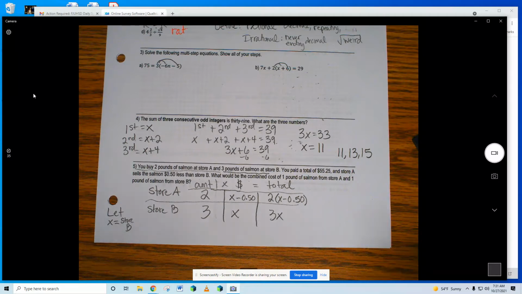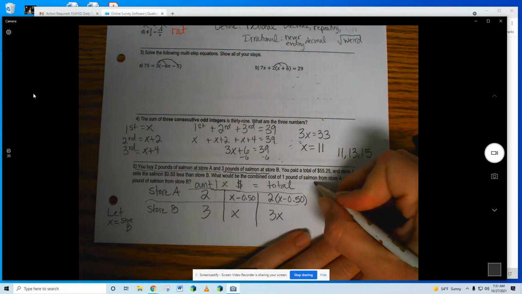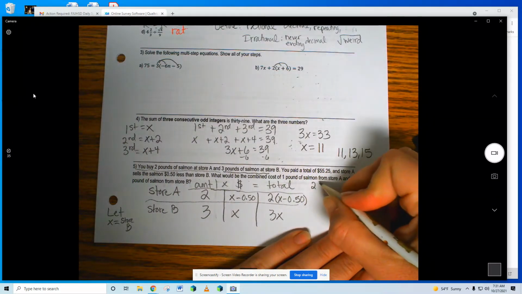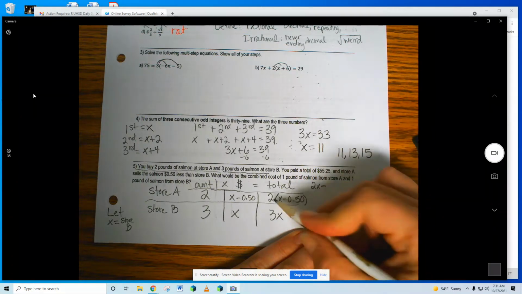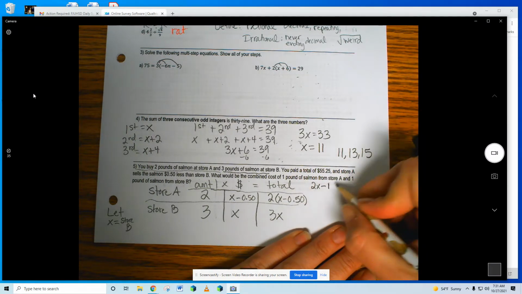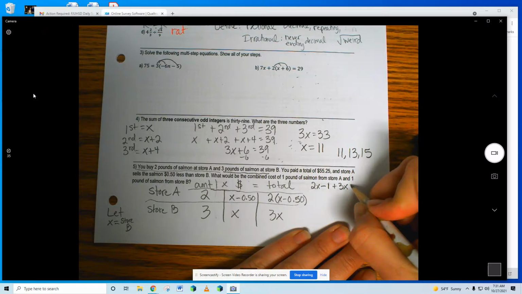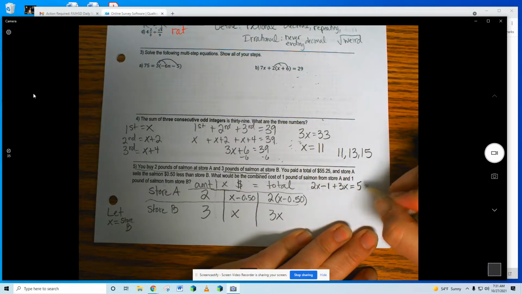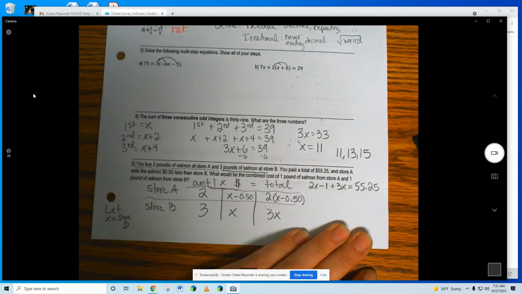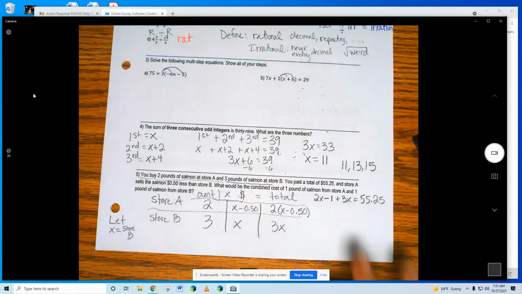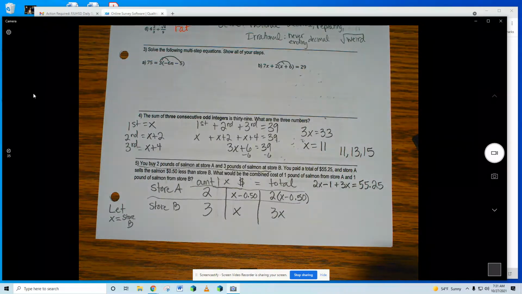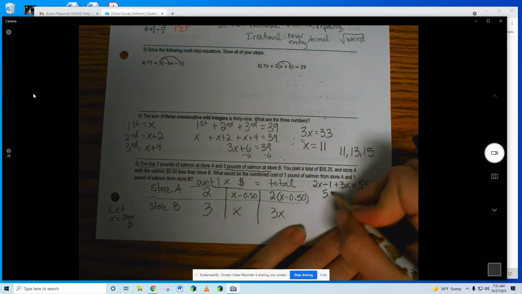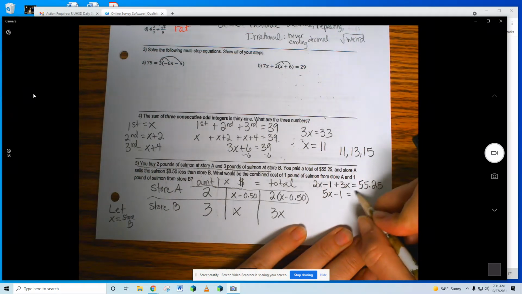So my equation is 2x minus 2 times 50 cents, which is $1, plus 3x equals $55.25. 5x minus 1 equals $55.25.